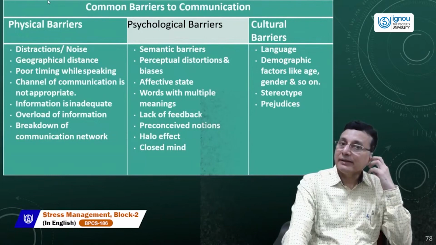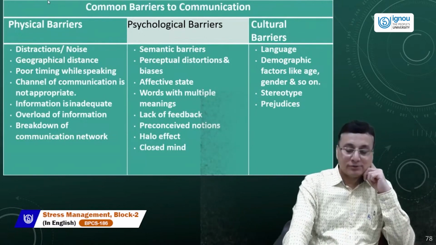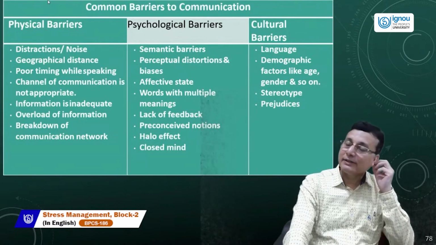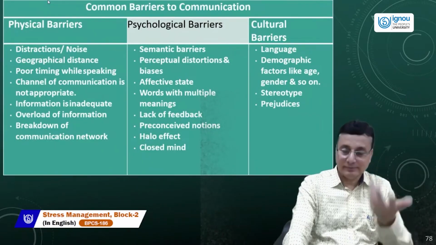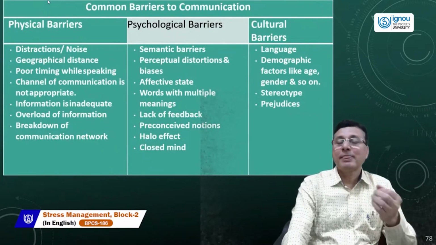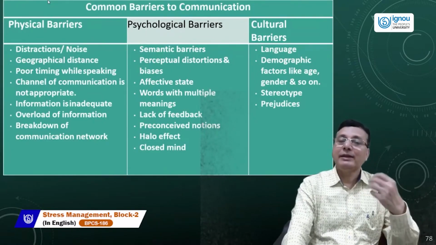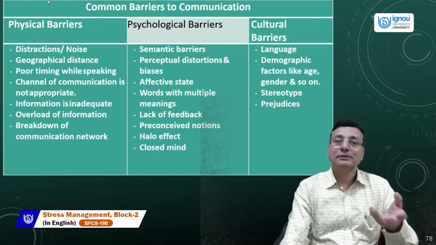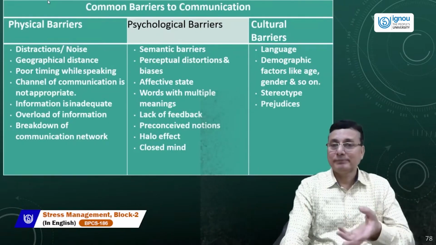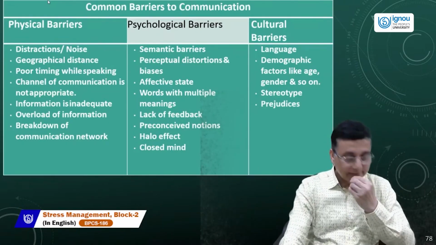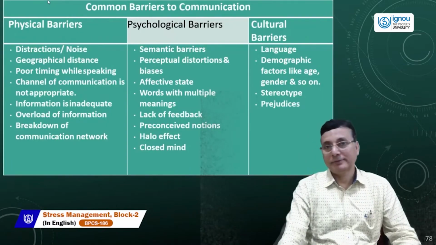There are cultural barriers also, like language. So, if you meet someone in Kerala from Punjab, you do not know the language Malayalam, and the person from Kerala also does not know the Punjabi language. So, it will be very difficult to have communication between two.